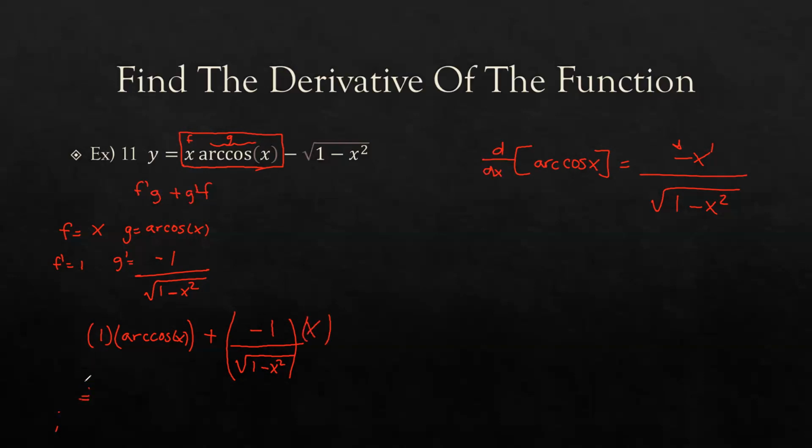So 1 times arc cosine is just arc cosine of x, and then negative 1 times x is negative x over square root of 1 minus x squared.